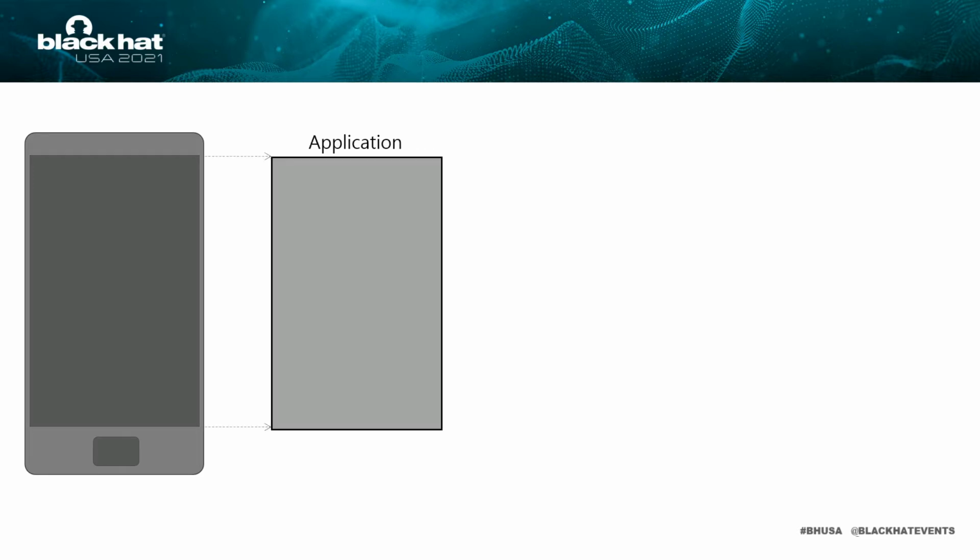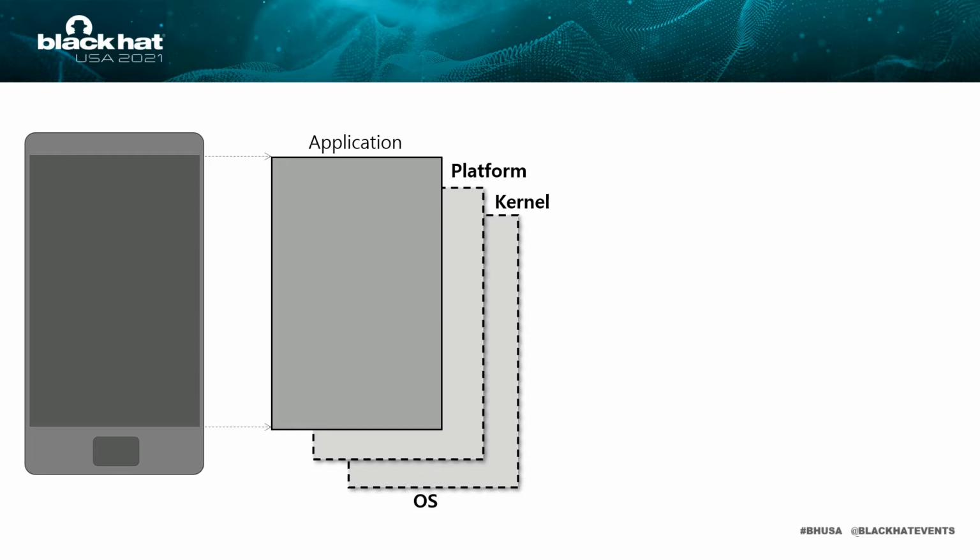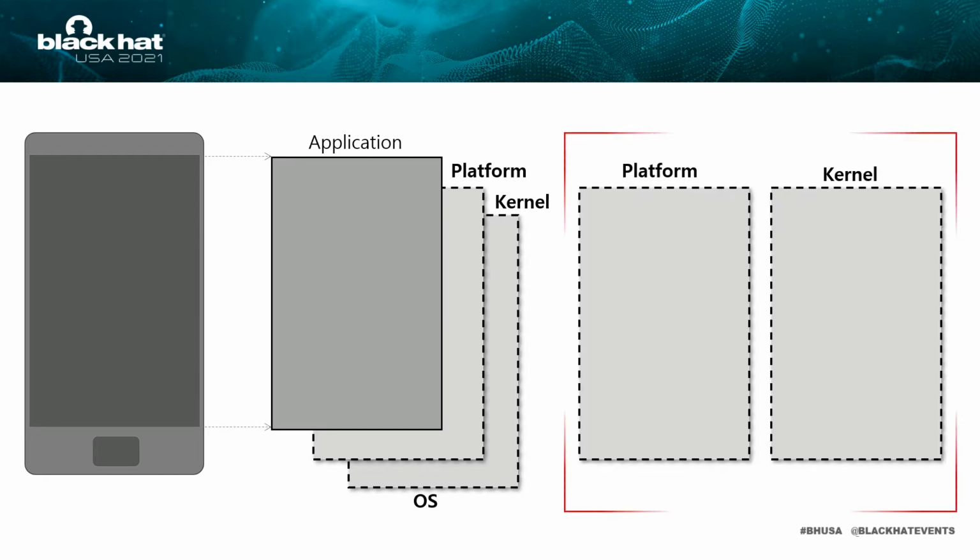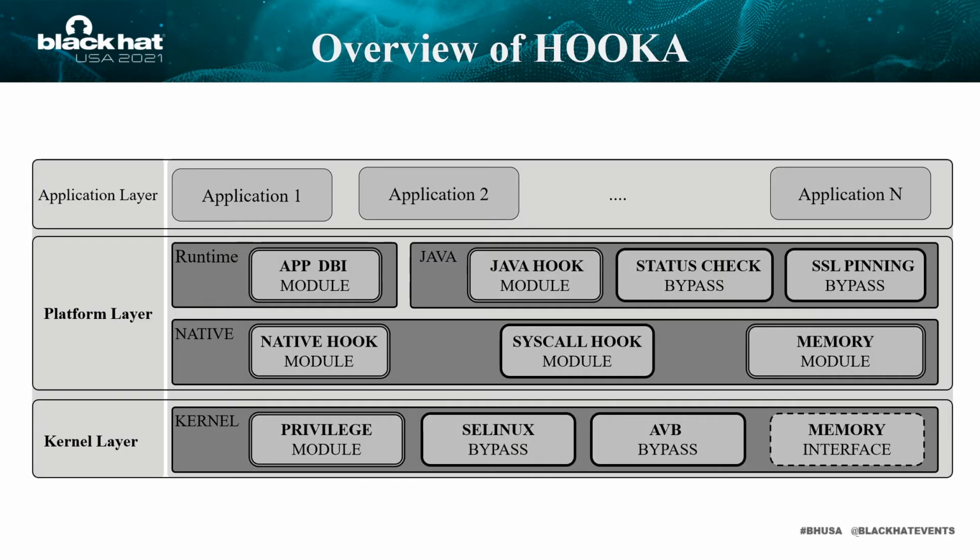So I shifted my focus from the application to the Android OS itself. That is, the kernel and platform. In the past few years, I started to analyze the Android source code and develop a custom OS. So I ended up building the Android OS by customizing the kernel and platform.